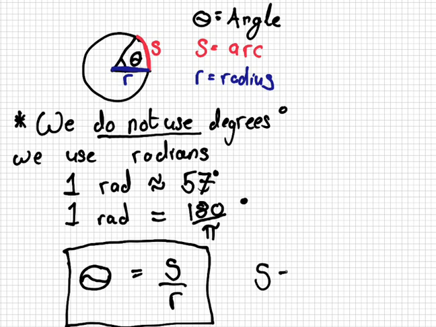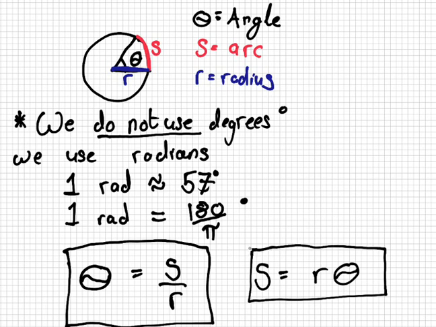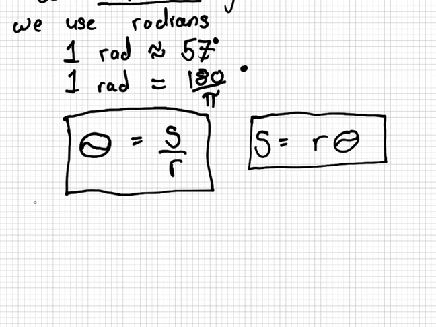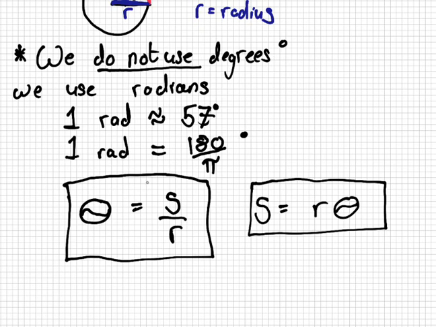That's just the first formula. A lot of times people write it like this, because often you know the radius and you know the angle and you want the arc. Is it arc length or just arc? Arc length, yeah. Now, it's very important. The dimension for radius, what's that?